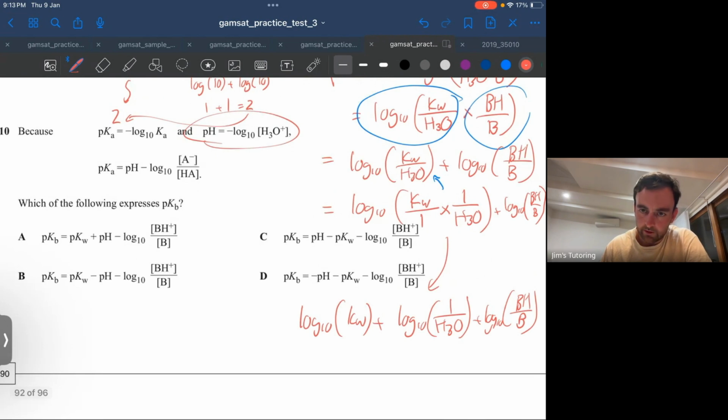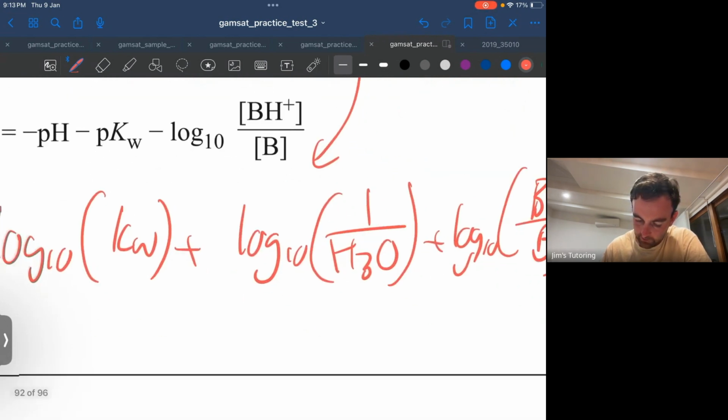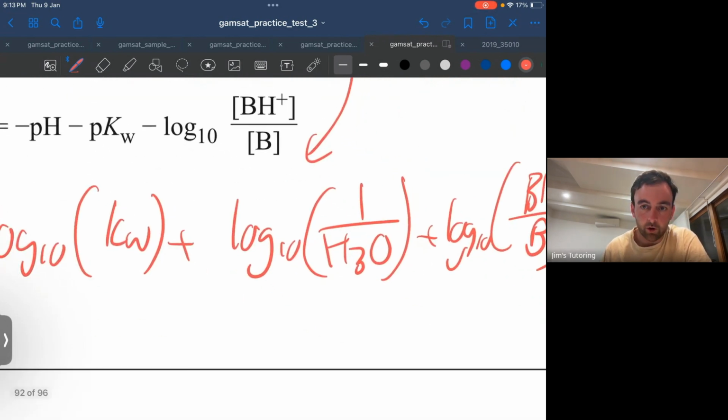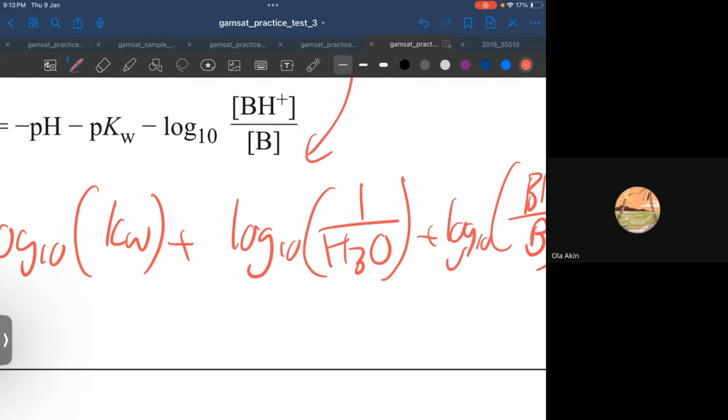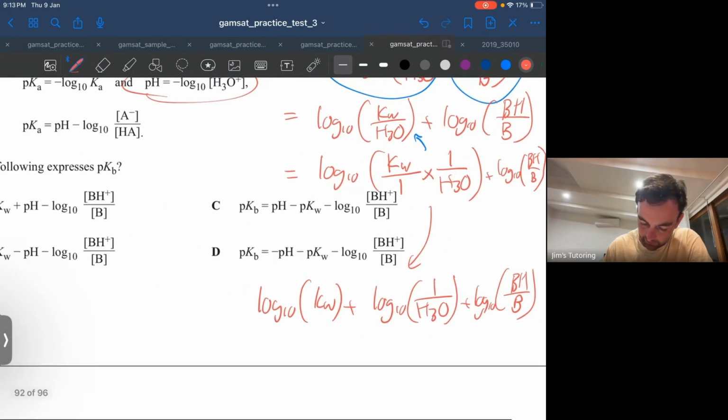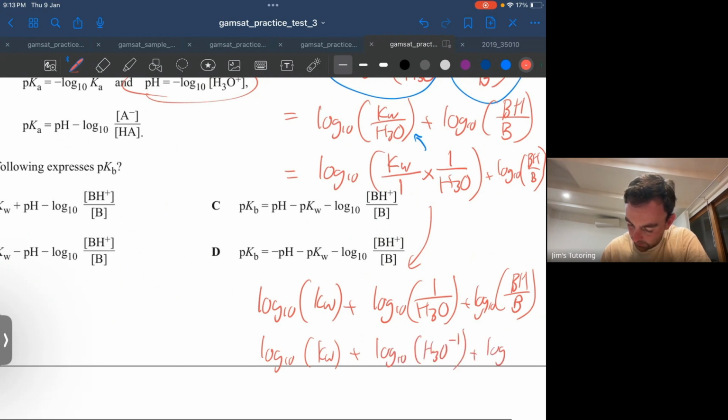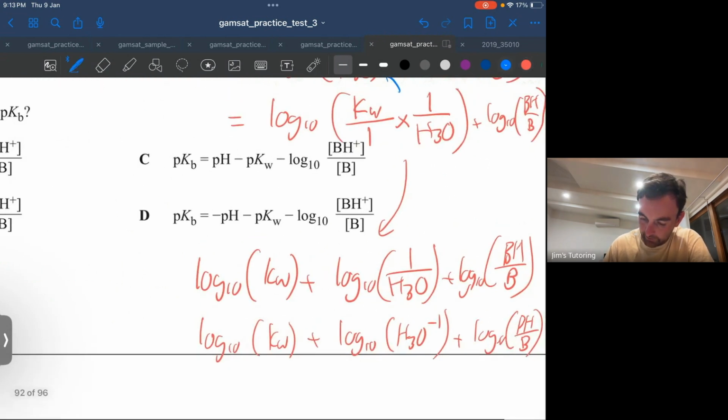Now, what am I going to do with this one? 1 over, to the -1. Perfect, exactly. So log 10 of KW plus log 10 of H3O to the -1 plus log 10 of BH over B. And then, as I said, I can just take that number out the front, can't I?